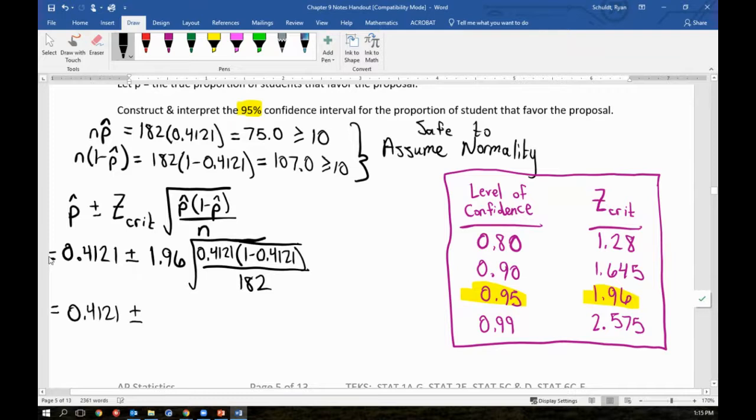If you've already calculated it, what did you get for that piece? 0.0715. Yep.